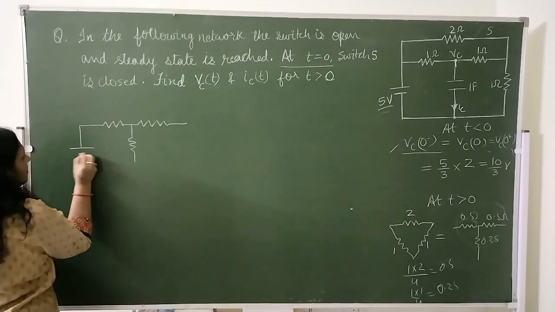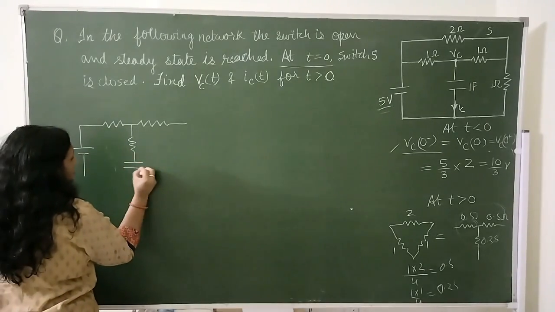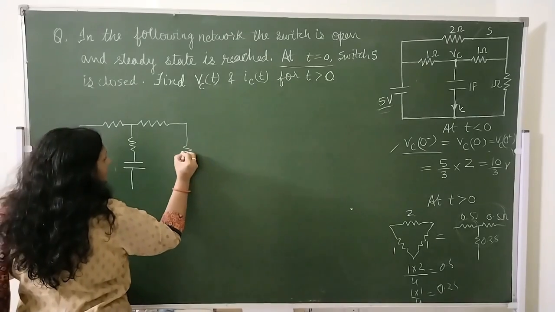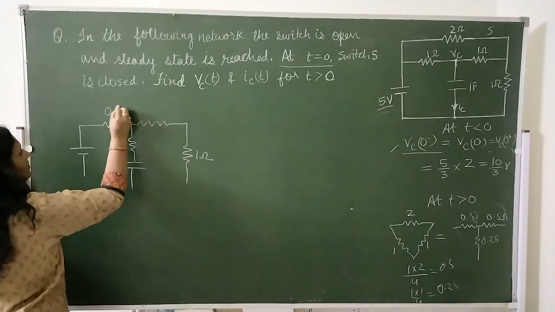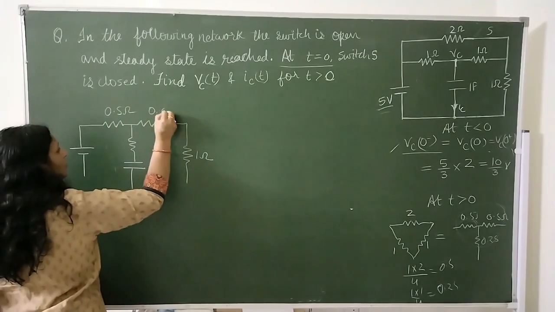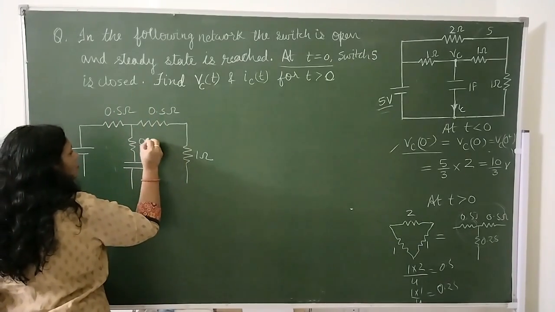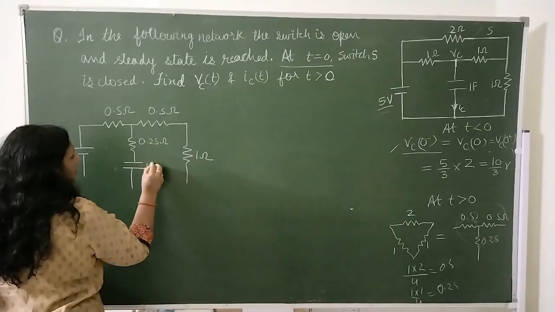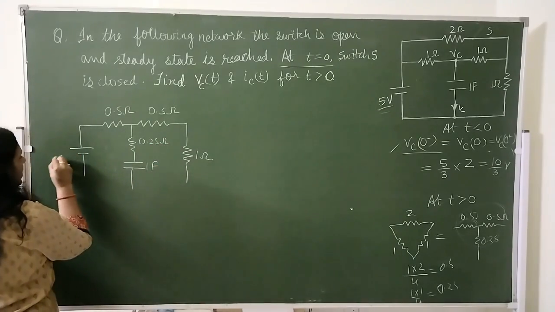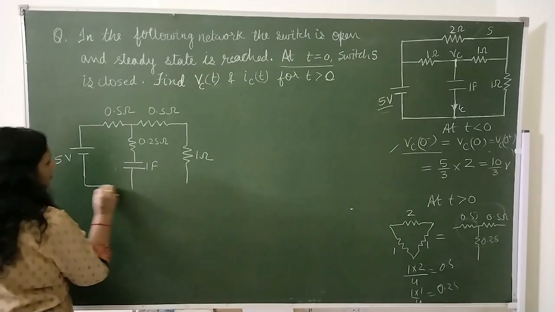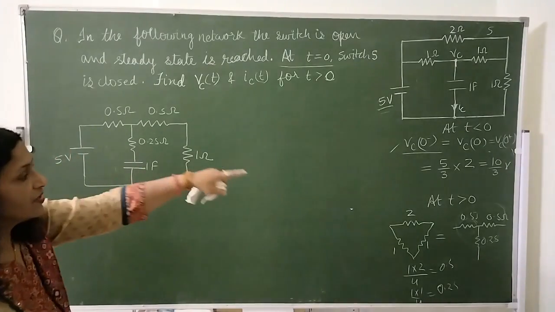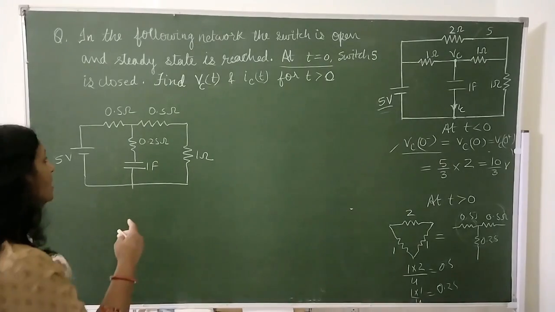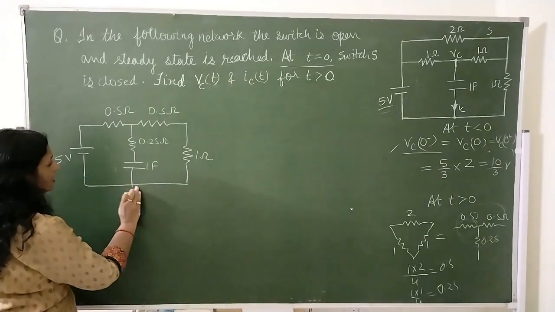Here will come our battery, here is the capacitor, another resistance of 1 ohm, this is 0.5 ohm, this is again 0.5, this is 0.25, and a capacitor of 1 farad and a battery of 5 volts. This is the circuit after converting the delta into star.